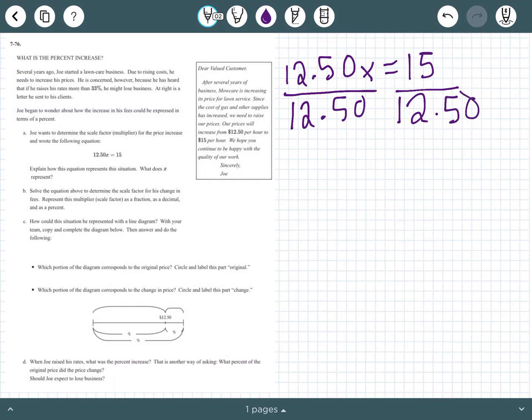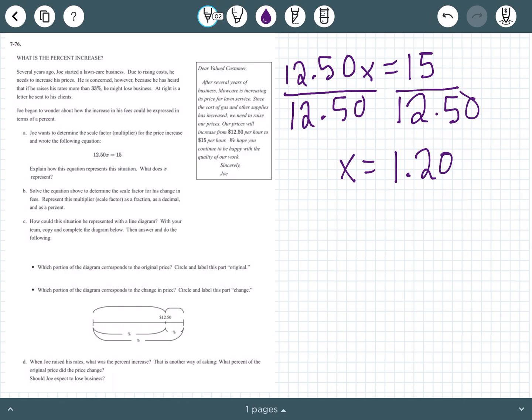And when we do that, we get x by itself on the left. Then 15 divided by 12.50, we should get 1.20. So that is what x is as a decimal, 1.20.